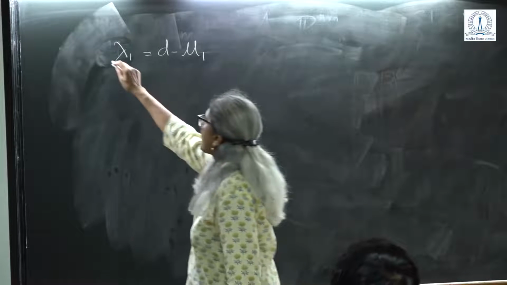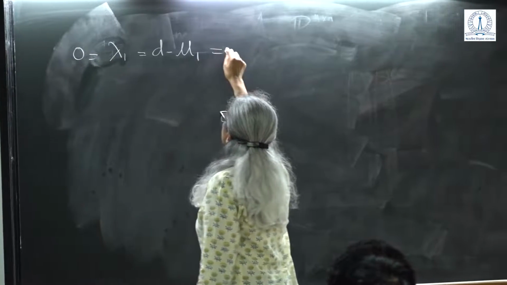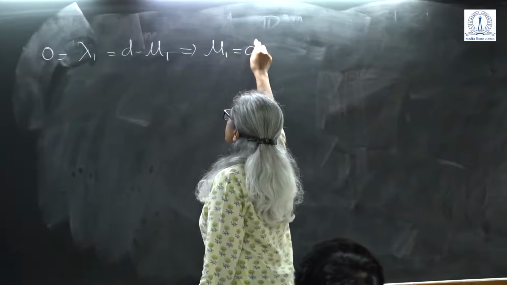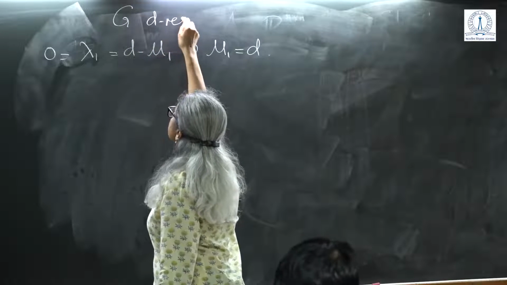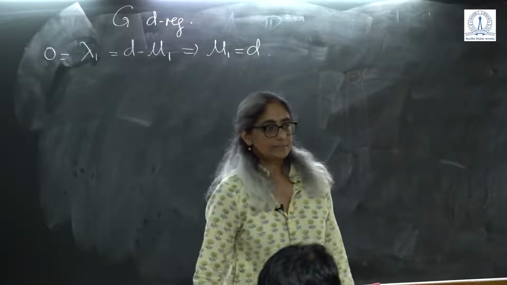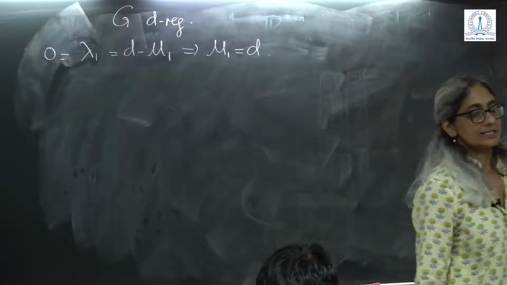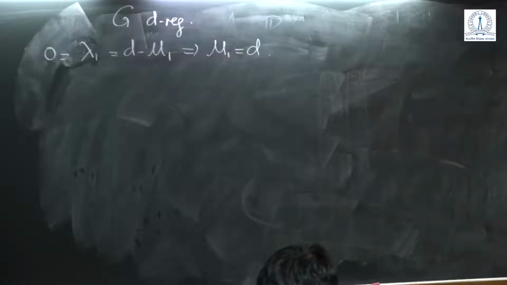What do we know about lambda_1? It's 0. It's the first eigenvalue of the Laplacian. So this is 0. So that tells you that mu_1 is d. Okay? So this is true for a d-regular graph. It's not true otherwise. But for a d-regular graph, the largest eigenvalue of the adjacency matrix is d.